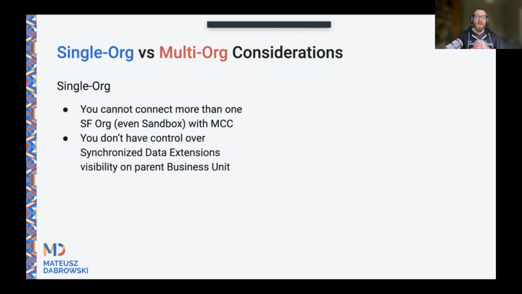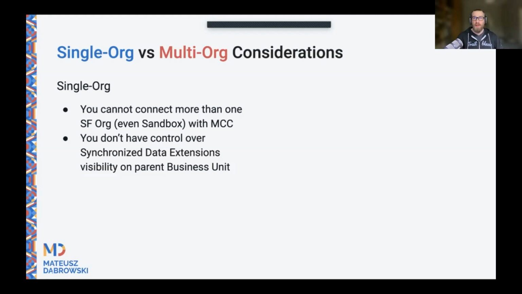Secondly, the good thing about the single org is that you can control whether the child business units see the synchronized data extensions, but you cannot control whether the parent business unit will see the synchronized data extensions. The parent will always see the synchronized data extensions, so the special data extensions that are copies of the Salesforce CRM objects selected in the integration.